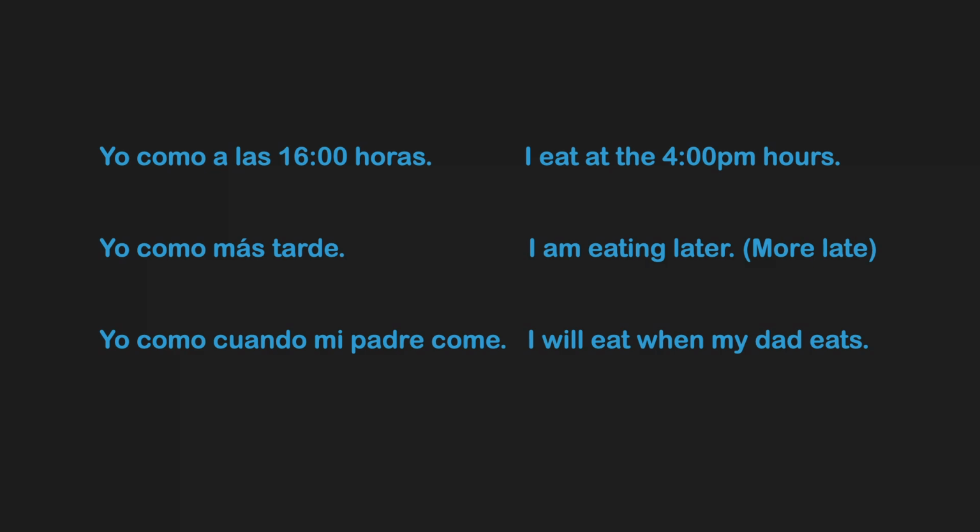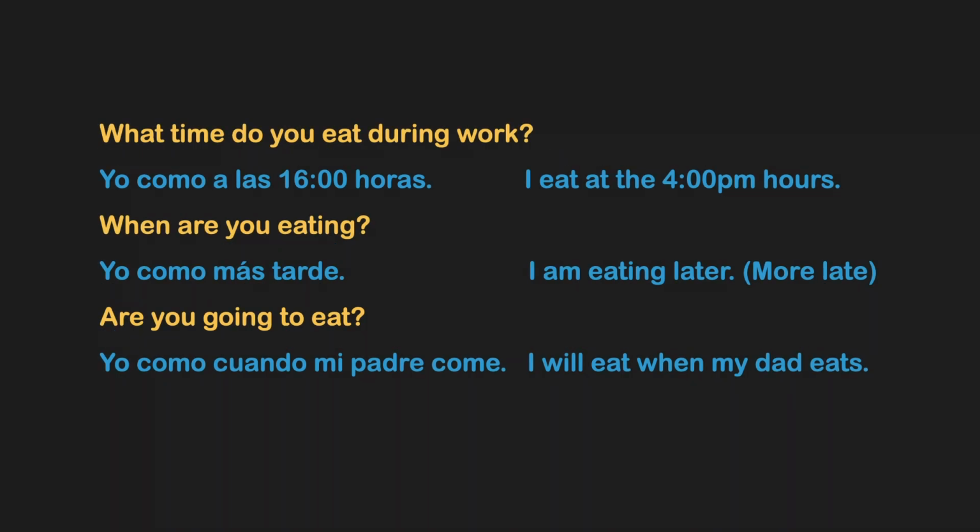Now, what would be some of the supposed questions that were asked? Well, you could say, what time do you eat during work? I eat at 4 p.m. Or you'll say, yo como a las 16 horas. Another question would possibly be, what are you eating? Okay, or I'm sorry, when? When are you eating? And you'll sit there and say, yo como más tarde. I will eat later, or I am eating later.